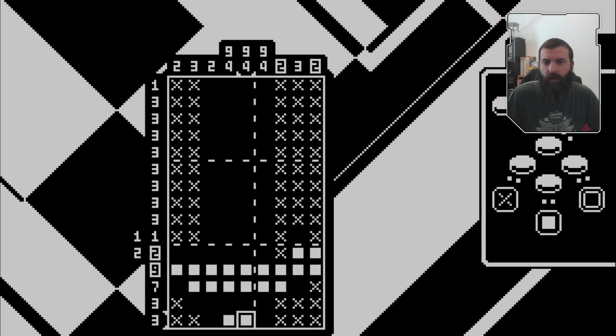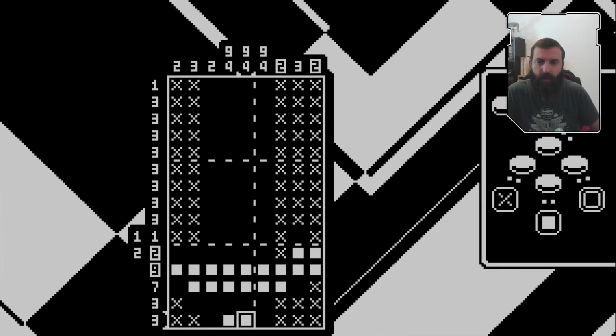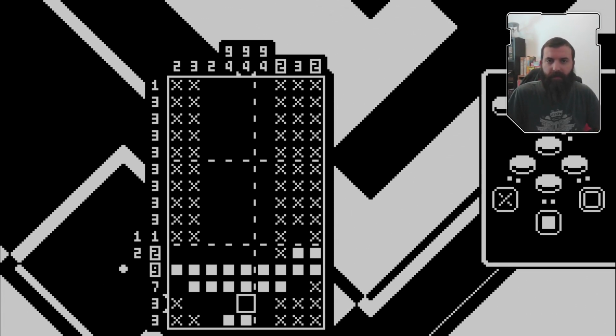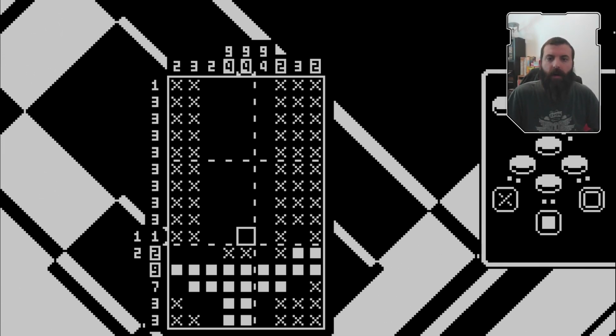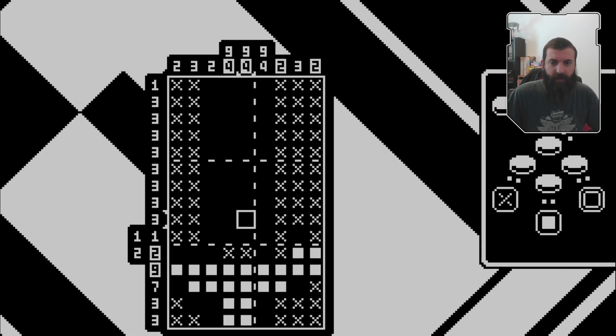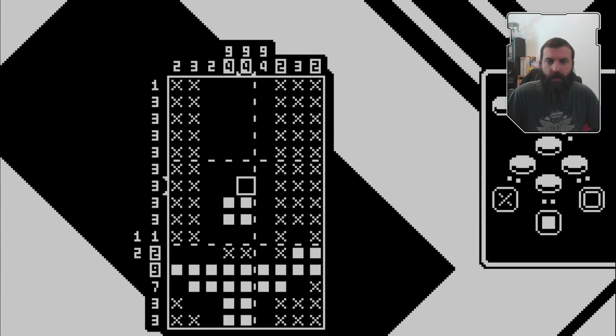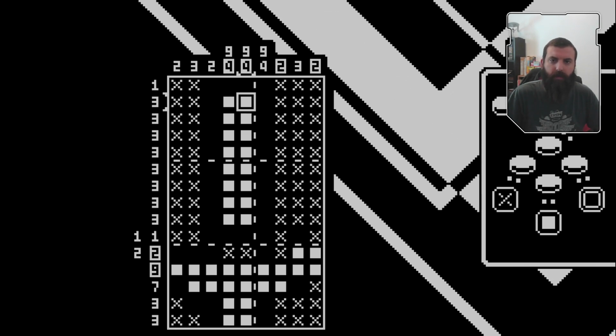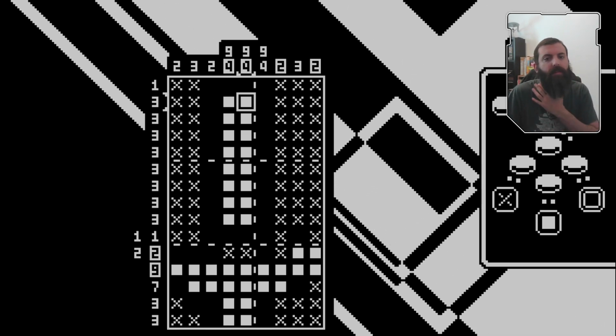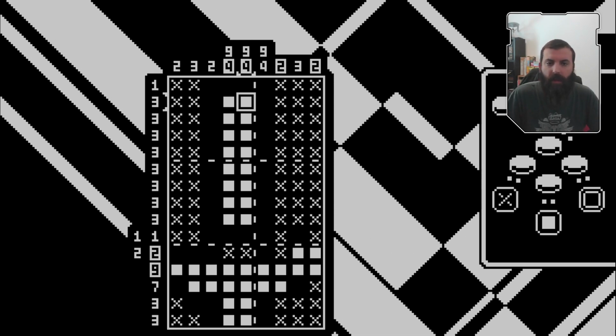We know from this horizontal 3 that this has to be filled in, and looking vertically, we've got 9 4s, which means that those have to be filled in. There's a pixel of wiggle room on those 9s, so they have to be like that.